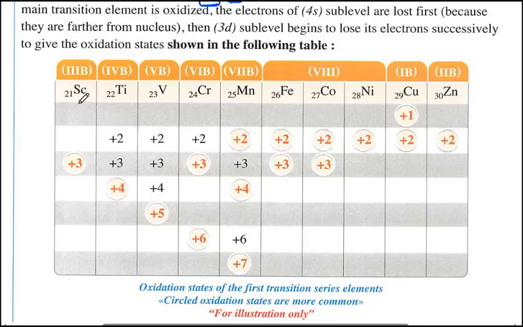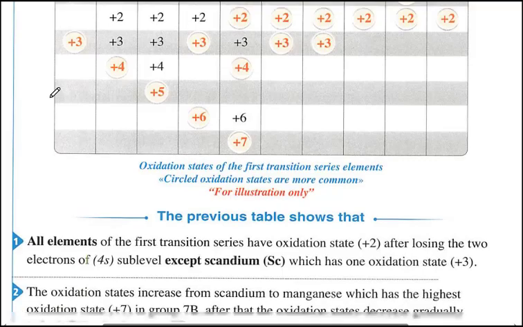When you are asked in the exam which main transition element in the first transition series contains only one oxidation state, it is 100% scandium. Okay, so there are several oxidation states because of the successive losing of 4s electrons and 3d electrons, which are near in energy. Okay, the 4s sublevel is near in energy to the 3d sublevel.